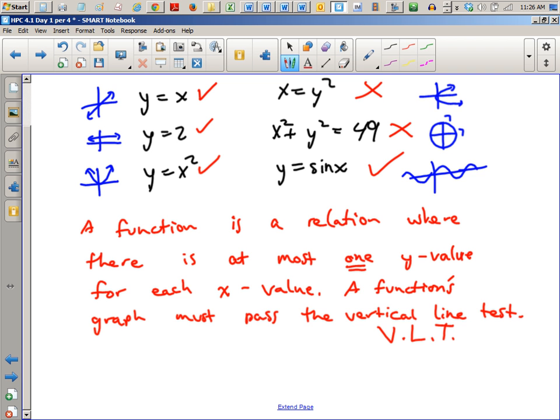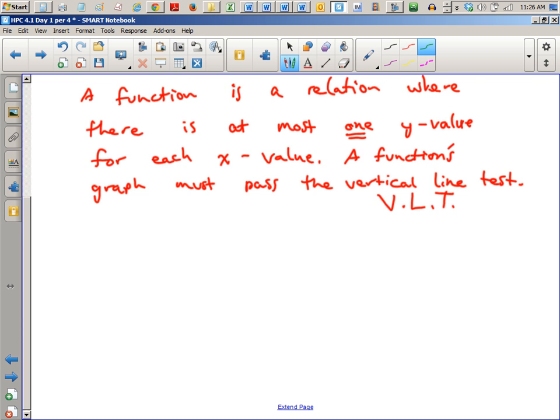Okay? All right. So we would call this first one here 1-to-1. This guy here in green. He's very special. He's 1-to-1. So let's write a new definition.